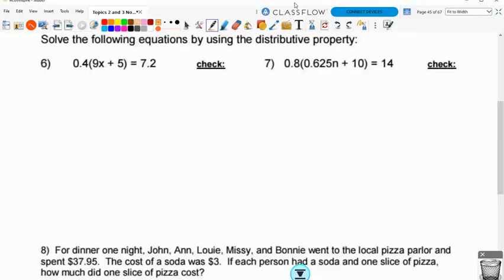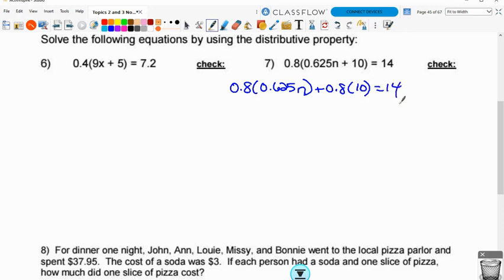In example number 7, the equation says 8/10 times, in parentheses, 625 thousandths n plus 10, and then equals 14. So the first thing we're going to have to do here is use our distributive property and multiply 8/10 by each term inside of the parentheses. So we're going to start by doing 8/10 times the 625 thousandths n plus 8/10 times 10, and then again equals 14.